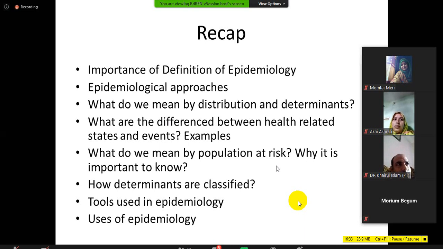This we call population at risk. This is very important because when we calculate a measurement like rate, ratio, or proportion, you need to know what the population at risk is, especially when you calculate the incidence rate or prevalence rate.